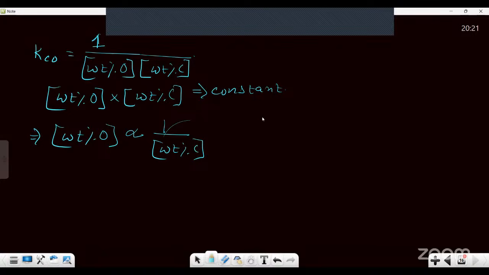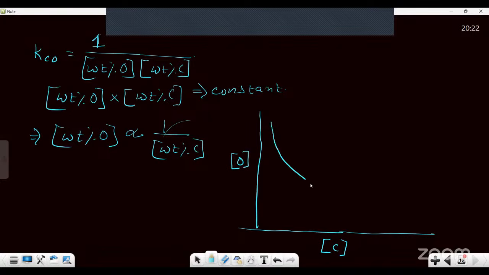So if I now draw a diagram, a plot, where I will plot the weight percentage of oxygen, or the oxygen concentration, here, and here I am going to plot the carbon concentration. This is going to be a hyperbolic graph, something like this.